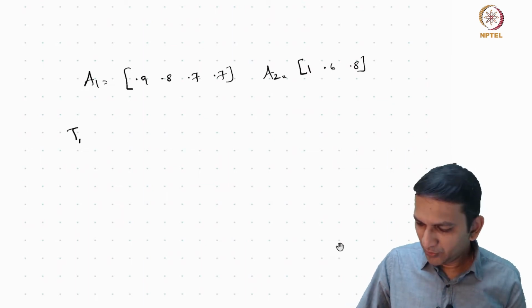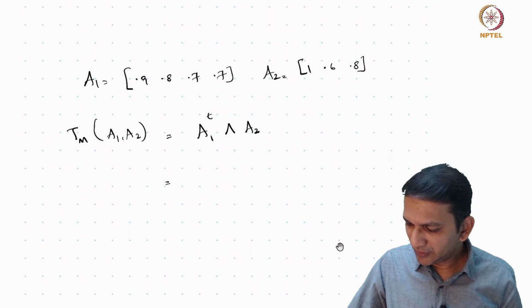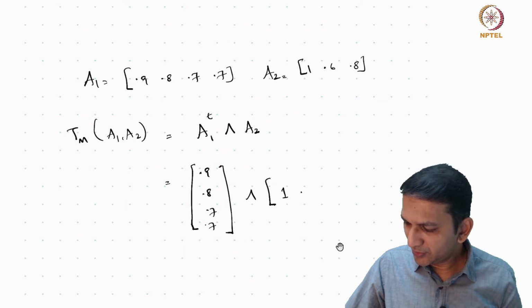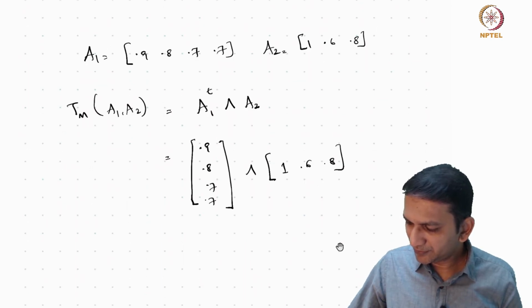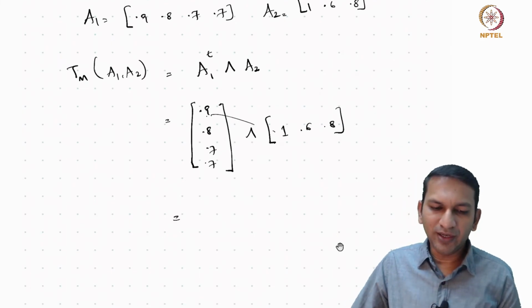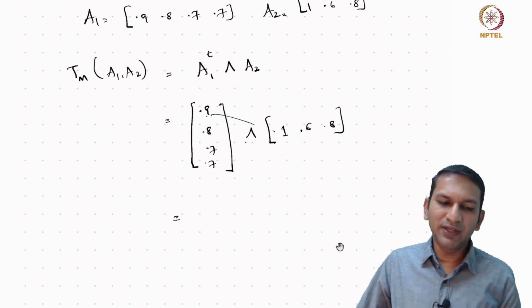Now we want to talk about the combination of A1 and A2. It's nothing but A1 transpose and A2. What do you mean by this? We apply the minimum operator. Once again, we are actually taking 0.9 and multiplying with this row vector, but the multiplication operation is given by the minimum.